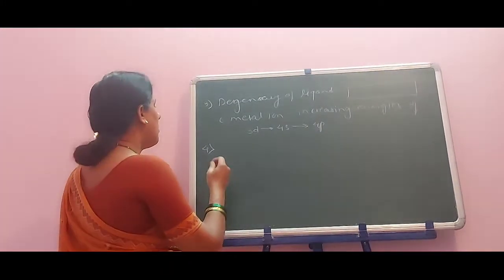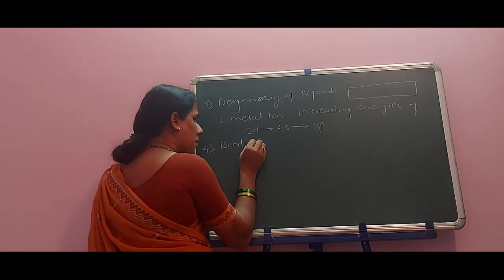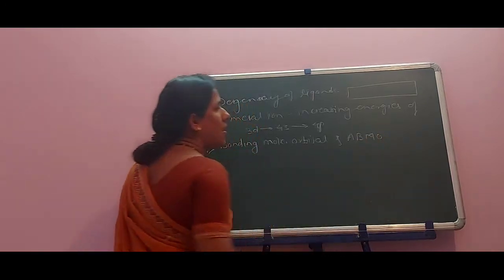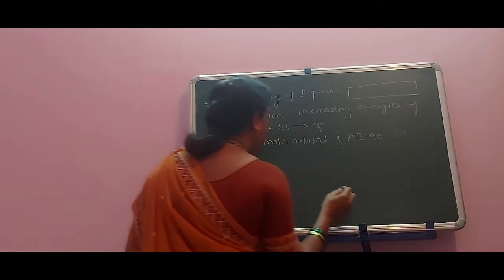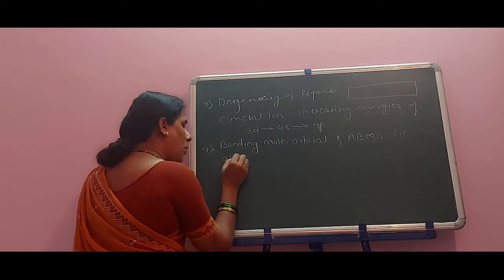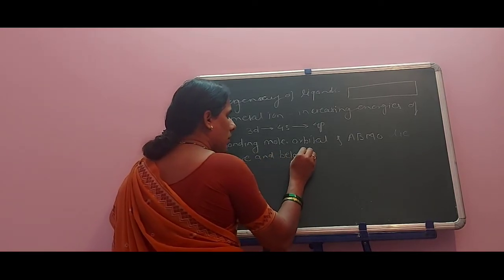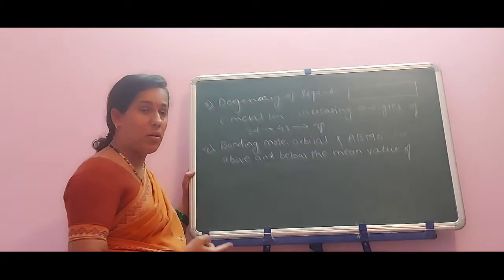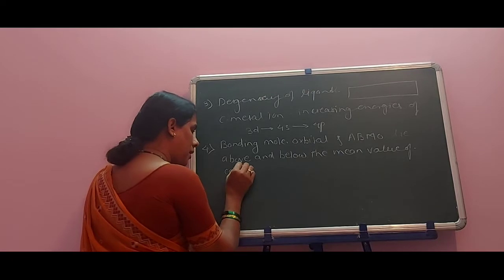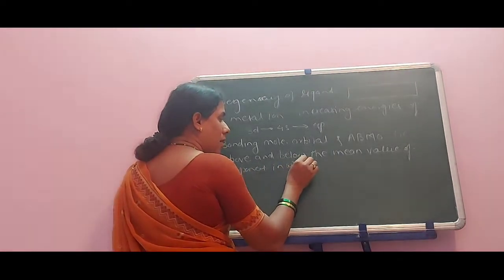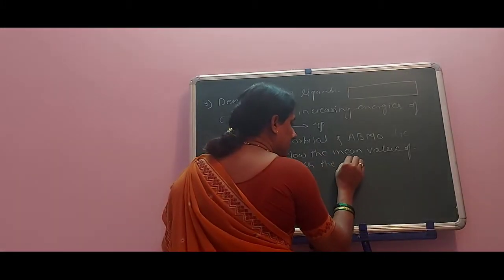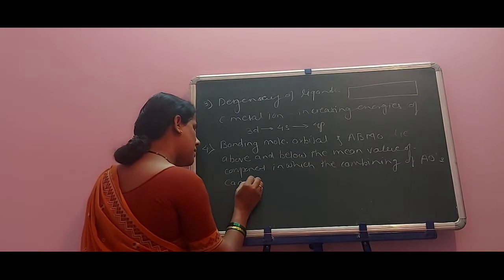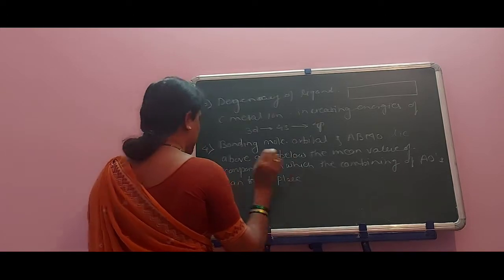Now, the fourth point: the bonding molecular orbital and antibonding molecular orbital lie above and below the mean value of the component in which the combining of AOs, that is atomic orbitals, can take place.